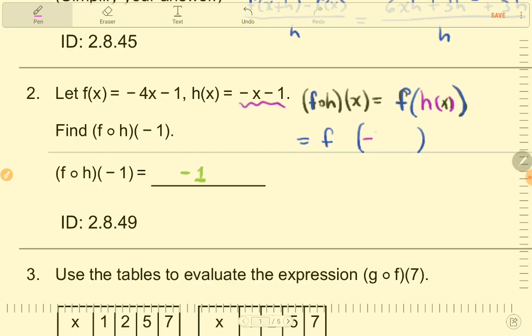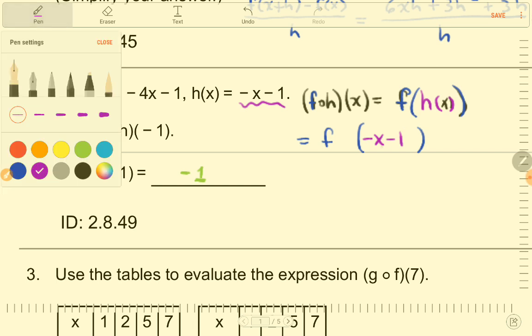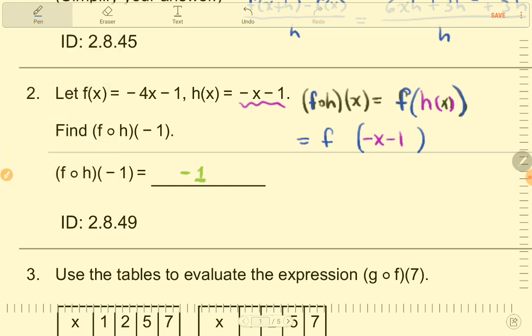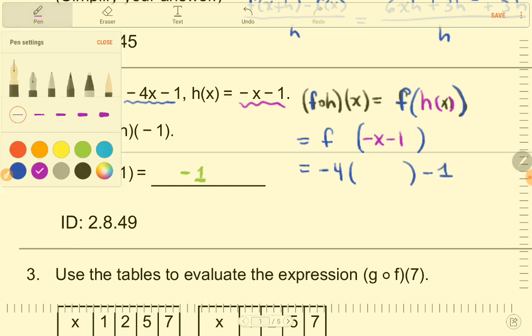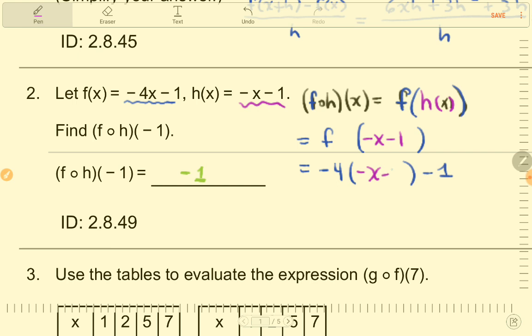So h of x is -x minus 1, and this does not mean f times negative x minus 1. That f notation represents this function. So now negative 4 times the quantity negative x minus 1 plus 1, or minus 1.